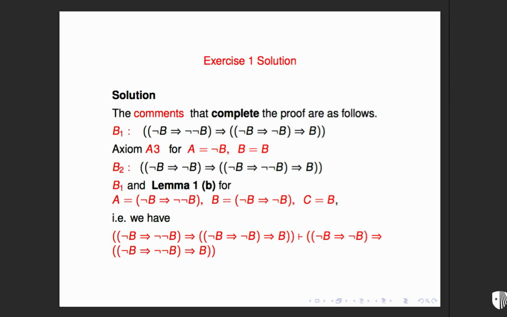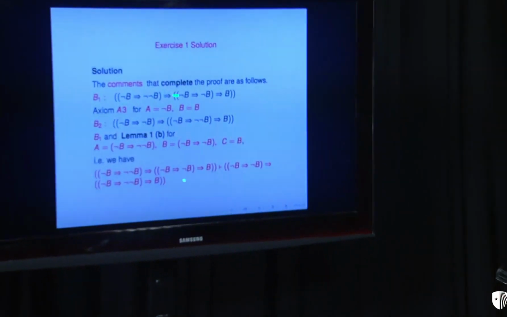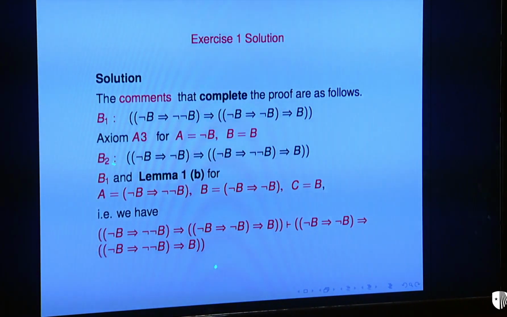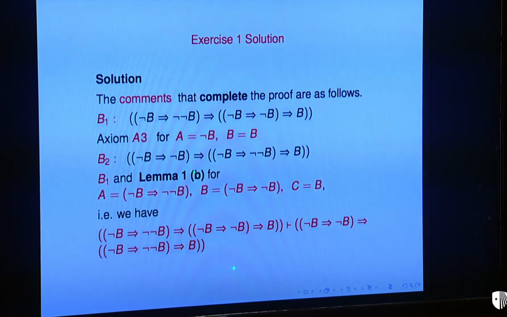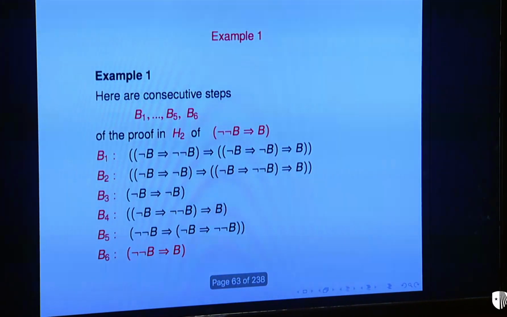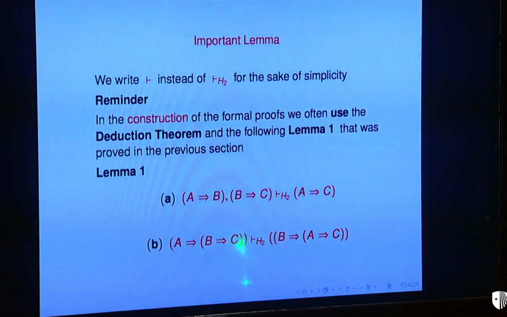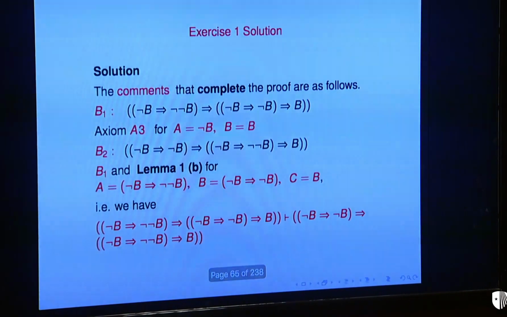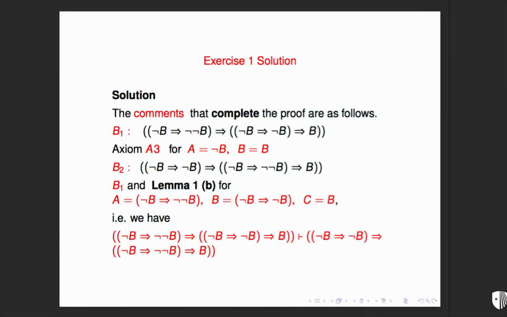For example, when you look at B1, that is axiom A3, and this is a substitution for A equal not B, etc. B2 is lemma B. Lemma B is this: you see A, B, C, B, A, C, and this is an application of this lemma, which we proved using the deduction theorem and constructing the proof for particular A, B, and C. Here I rewrote lemma B with this, this, and this.